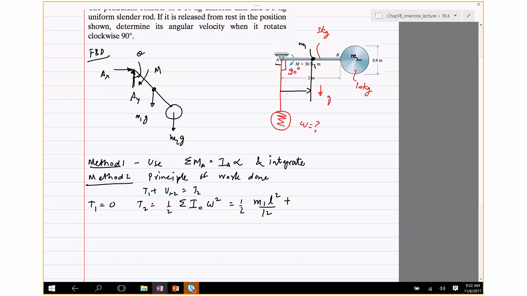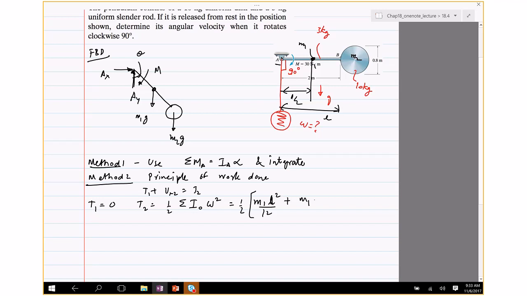So, well, this is L. That's the L I wrote here. So mass times, so I'm using the parallel axis theorem to find the inertia about O. So it's going to be mass times the distance from the center of mass here to the pivot.